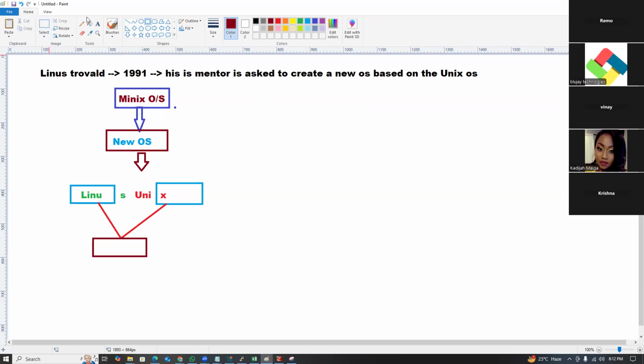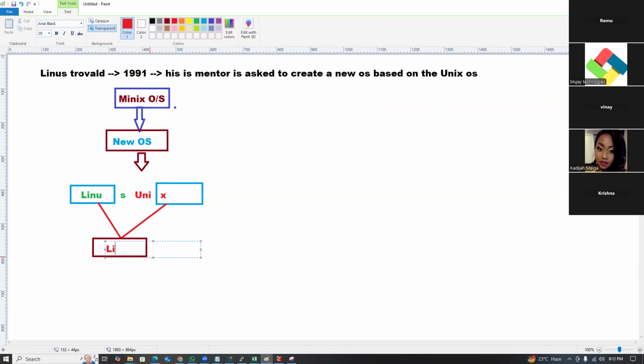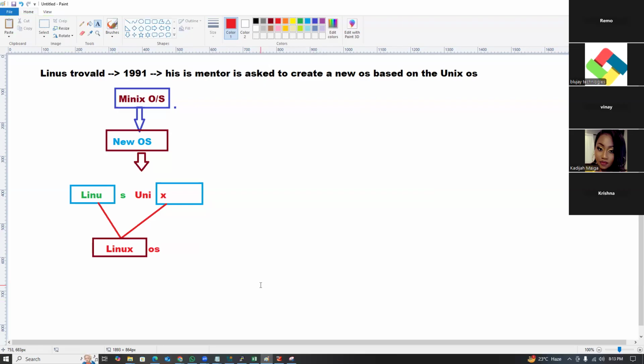So how did the Linux OS come? First four letters from his name and the last letter from Unix. Guys, understood? Now you know how the Linux OS came into the picture.